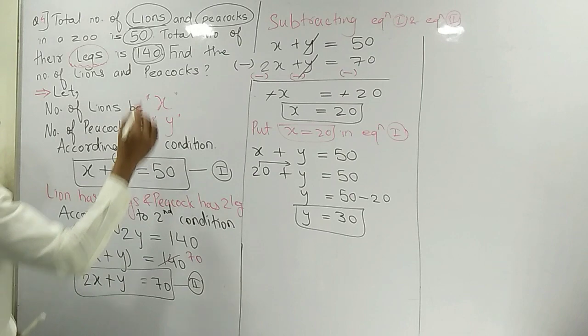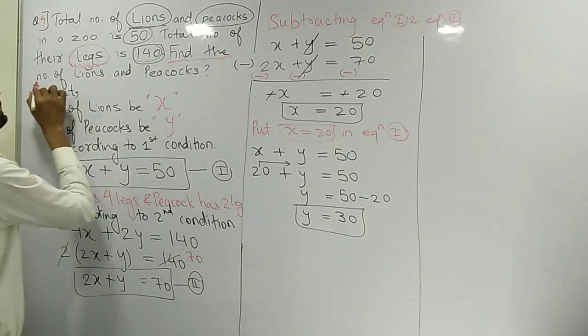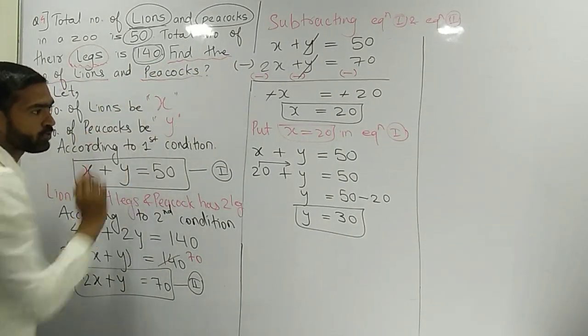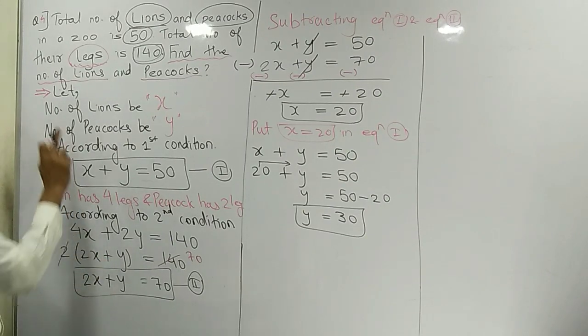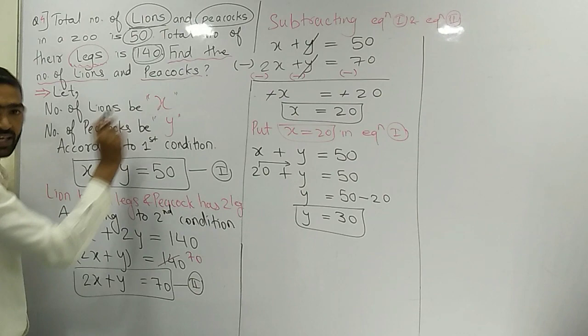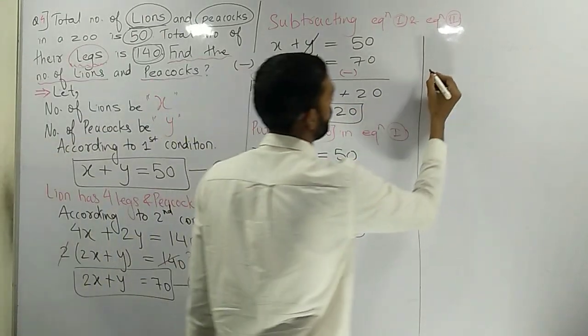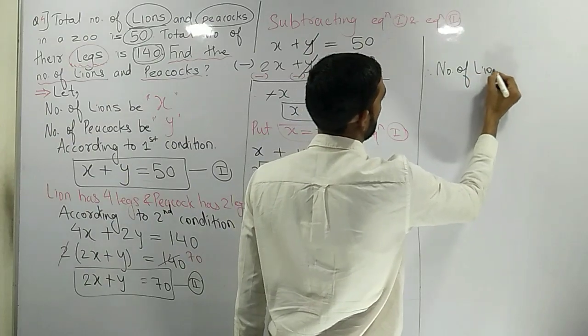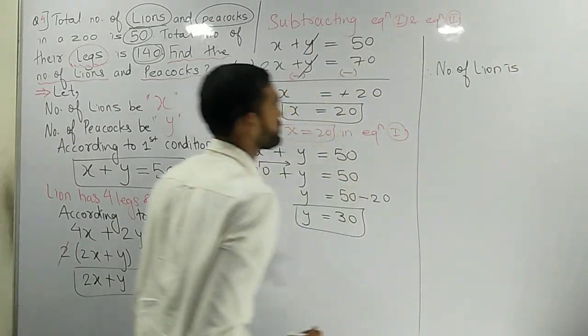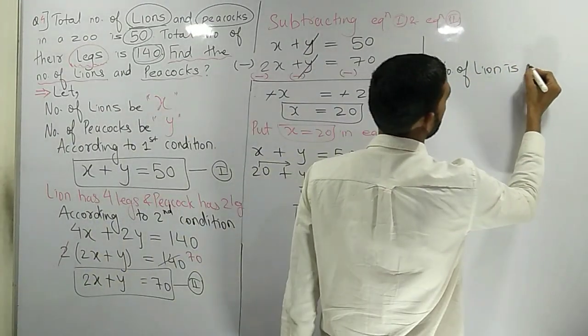But what was the question? Find the number of lions and peacocks. So at the end we'll write the final statement. The number of lions was x, and x I got 20. So we'll write here, the number of lions is how much? 20. Now 20 is what?